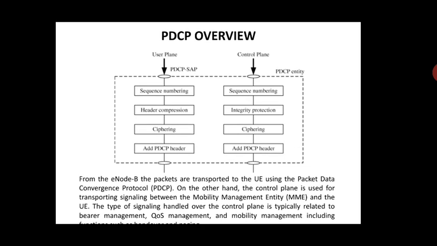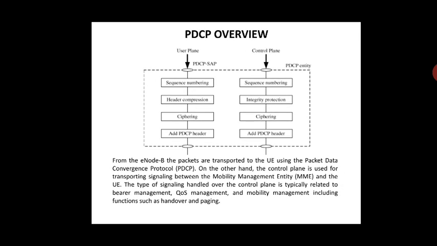As we have discussed, it is divided into two entities. Each radio bearer is associated with one PDCP entity. Such type of PDCP is given for one radio bearer service, in which each PDCP entity is associated with one or two RLC entities depending on the radio bearer's characteristic.